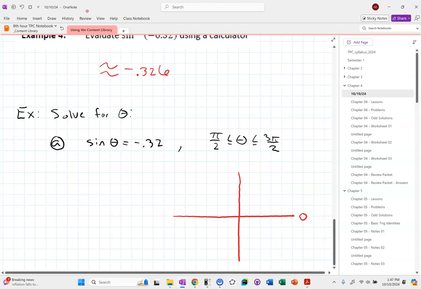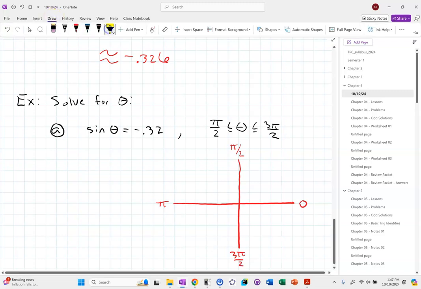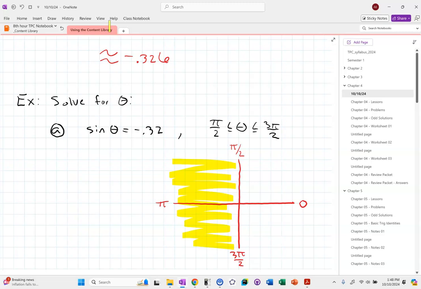Remember, 90 degrees is the same thing as pi over 2. So pi over 2, pi, 3 pi over 2. And there we go. So I know that my answer needs to be somewhere between pi over 2 and 3 pi over 2, so in either quadrant 2 or 3. So far, so good?